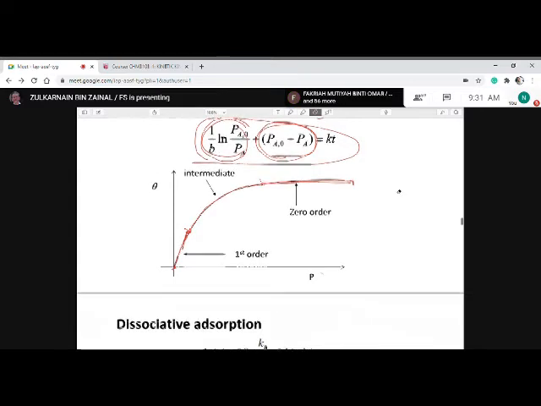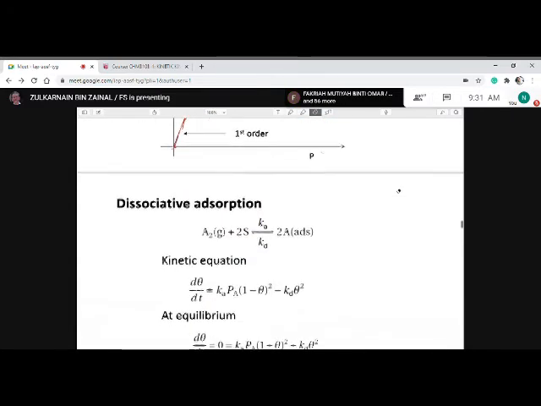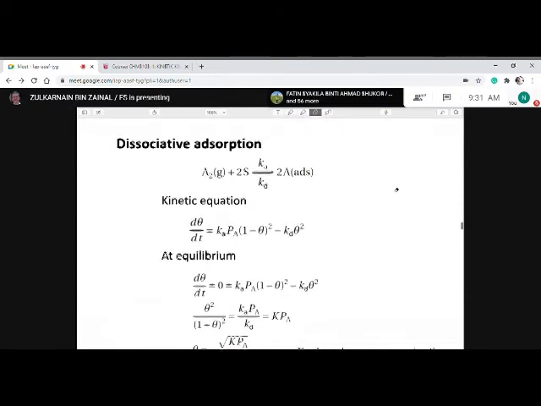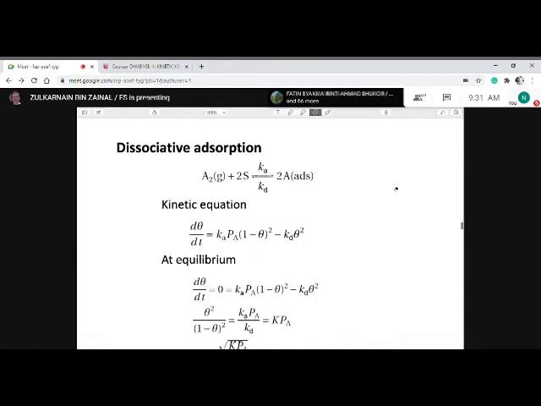Okay, so then we can move on to the dissociative adsorption process. Dissociative adsorption is a process where the adsorbate, or the gas molecule, is adsorbed on the surface. Let's say S is the surface, and then dissociation occurs.